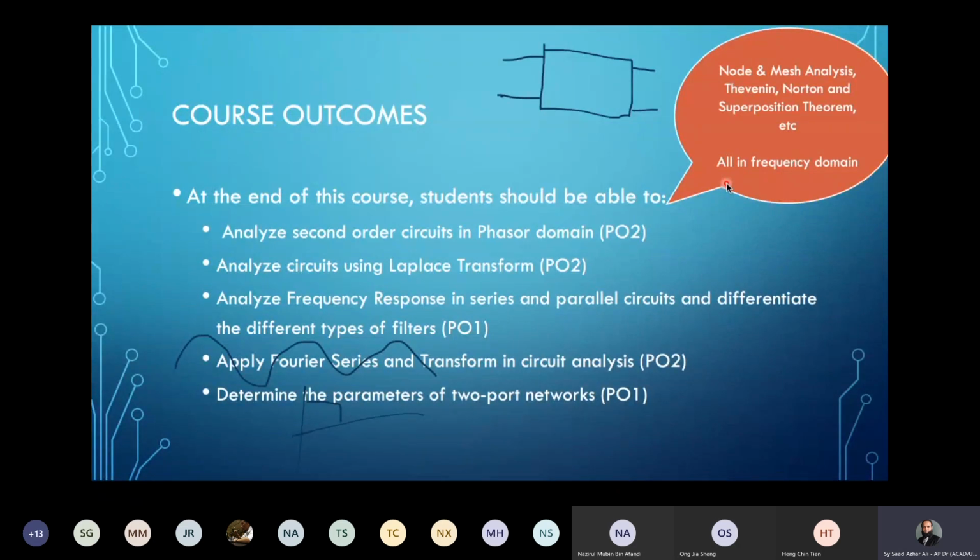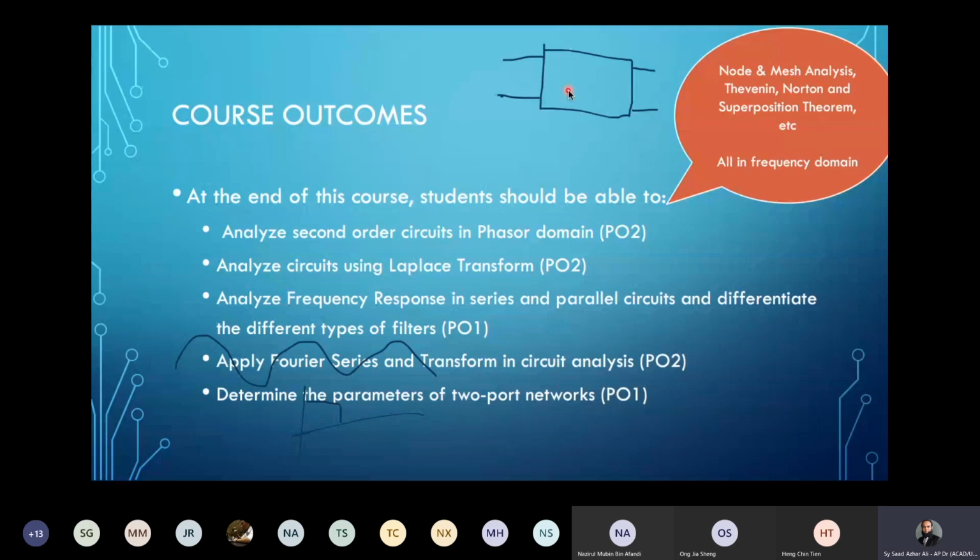Let me give you a nightmare. If I'm applying a sine wave here, and suppose there is a system here, and we want to find the output, the nightmare will be getting the output for this particular input for the system. Normally, in time domain, you have to apply convolution.